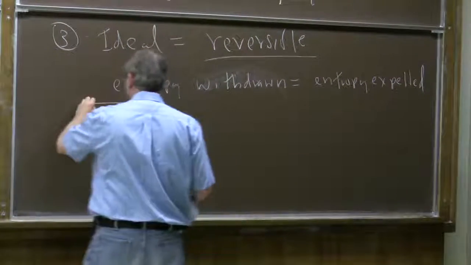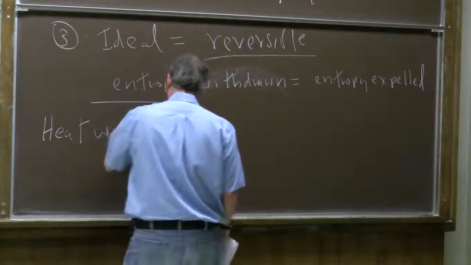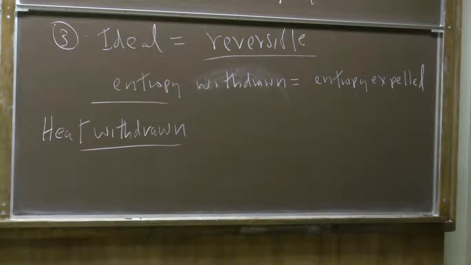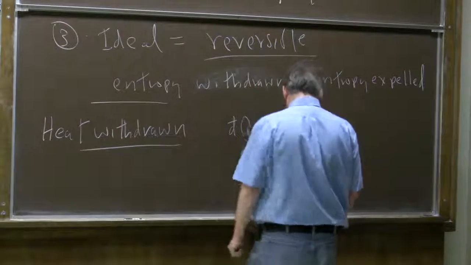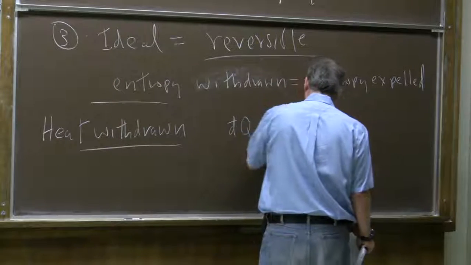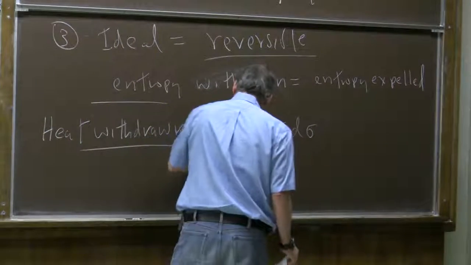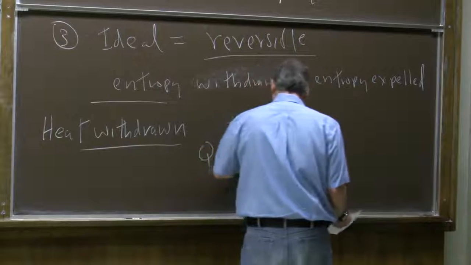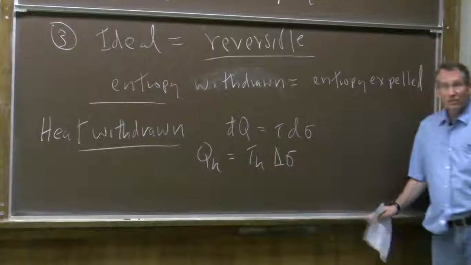So the heat that we withdraw from the high temperature reservoir is given by dq with that funny tail on it equals tau d sigma, or in other words, the heat withdrawn, I'll call that Q_H for Q flowing into the system at the high temperature tau H, is the temperature, tau H, times the change in the entropy of the system when the heat flows in.